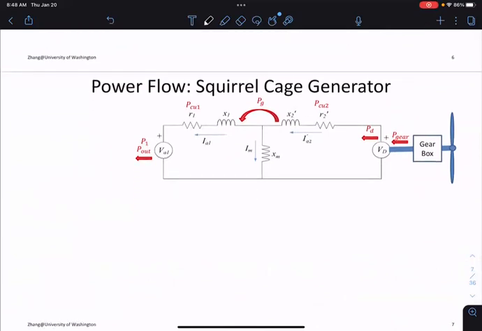When we first come in, we have this P gear. That's the power we get from the gearbox. And this power gets lost in something called a rotational loss.